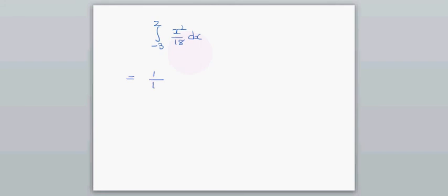So 1/18 is constant, and the integration of x² is x³/3. Limits are -3 to +2. After substituting the limits, we will get 2³/3 minus (-3)³/3.